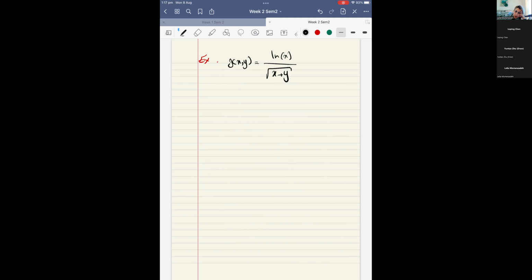You have a ln, you have a square root. What do you guess? x plus y greater than 0, and x cannot equal 0. Yes. Now we add these together.